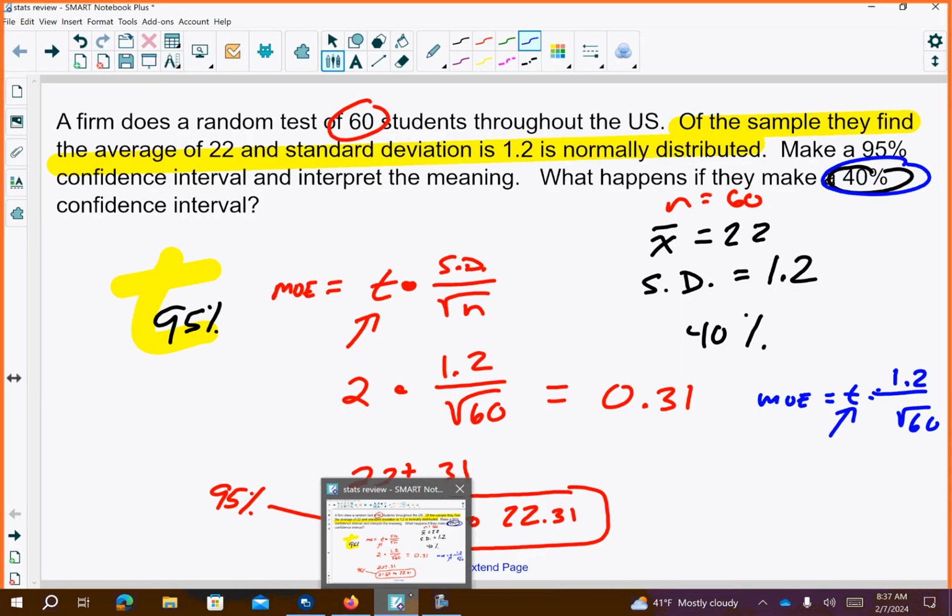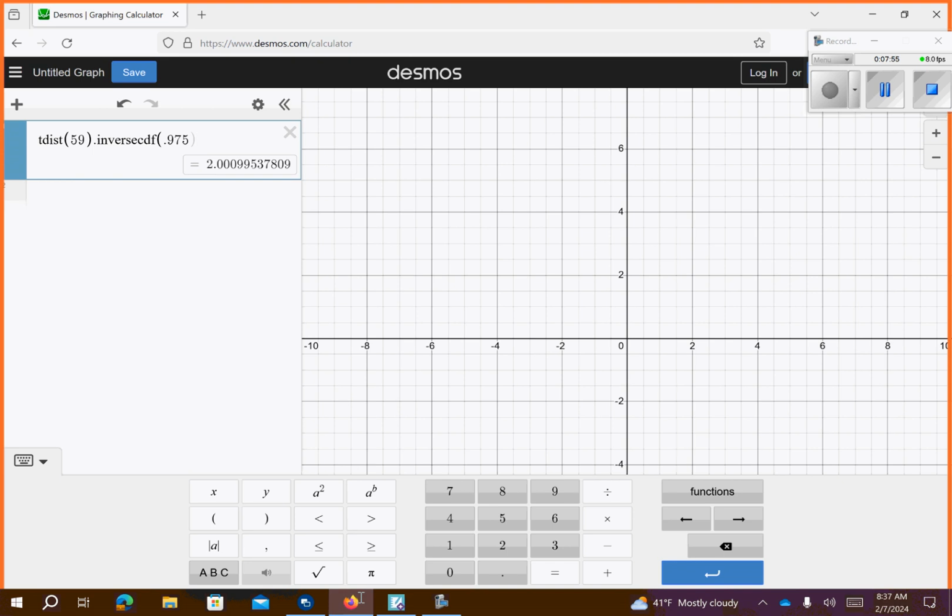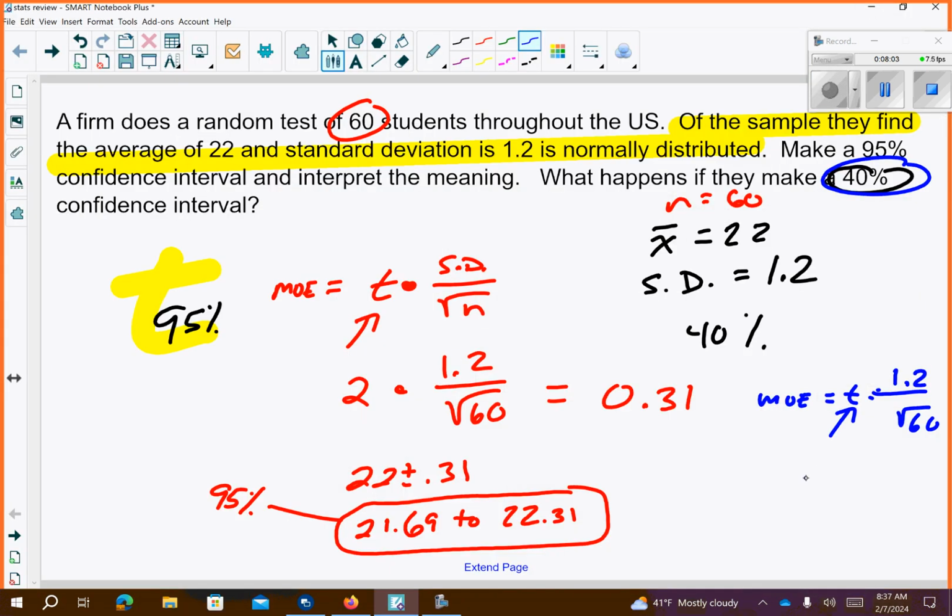So if we plug the 70 in here, 0.53? Cool. So that's going to change this to 0.53 times the 1.2 over root 60.